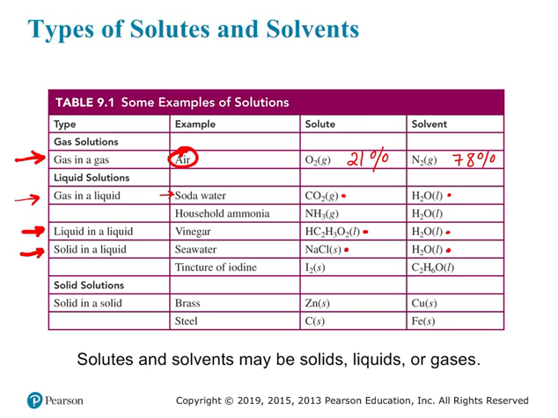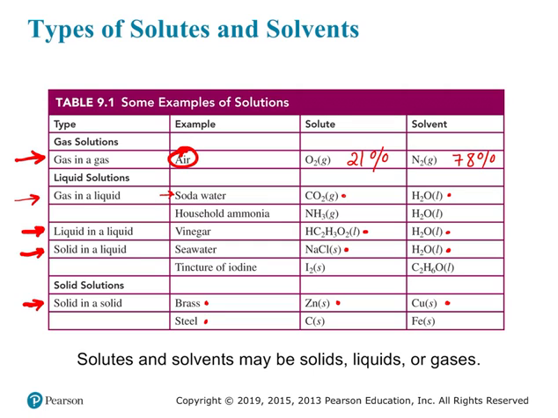Now, there are some cases where you can mix a solid with a solid. And one example that we have seen previously is brass. So brass is actually a mixture of zinc and copper, although copper is usually present in a larger amount. So that would be our solvent, quote unquote. And then steel is another example of a mixture of a solid with a solid.